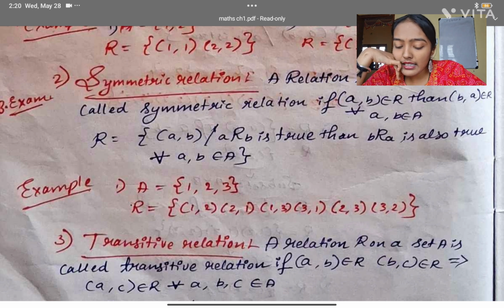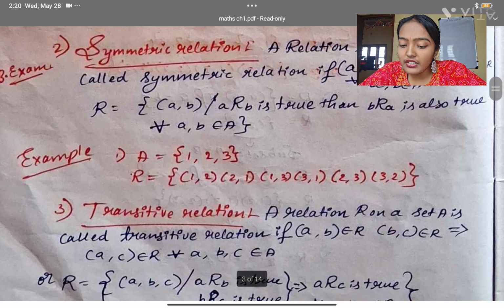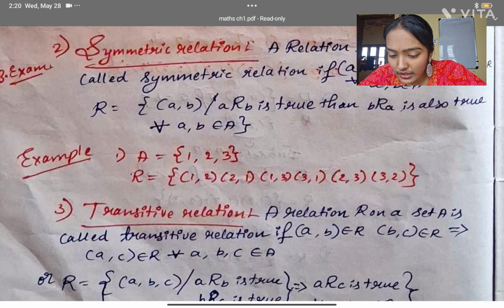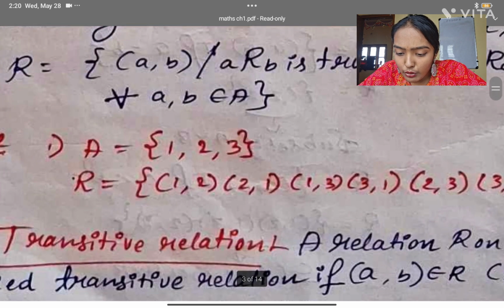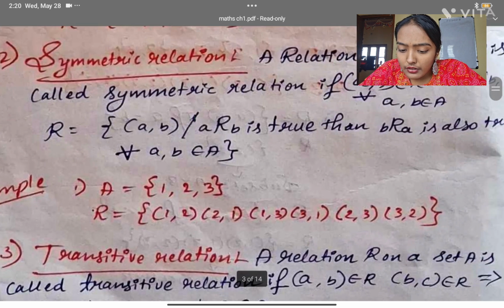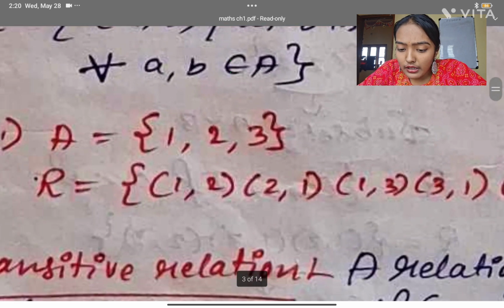So basically, let's say we have a set A which has elements 1, 2, 3. These are the possible relations we can get, like (1, 2). So if we have (1, 2), we can write (2, 1). If we assume 1 as a, 2 as b and 3 as c.